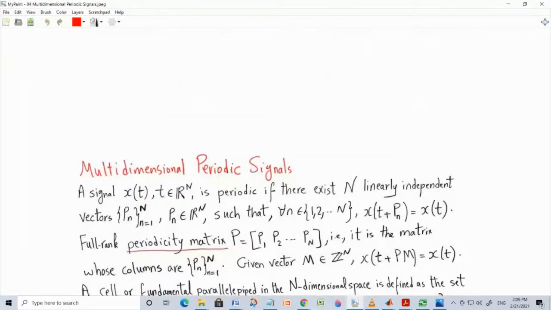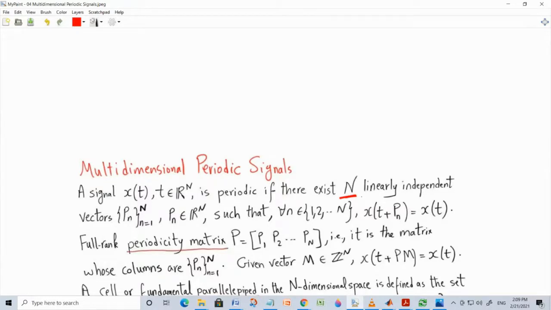The challenge now is: what is a periodic signal in multiple dimensions? A signal defined on t, where t is in Rn, is periodic if there exist n linearly independent vectors. If you are living in 2 dimensions, you need 2; in 3 dimensions, you need 3.